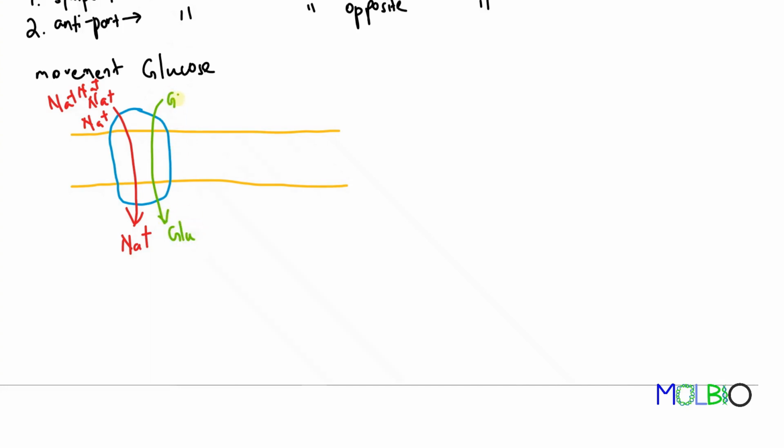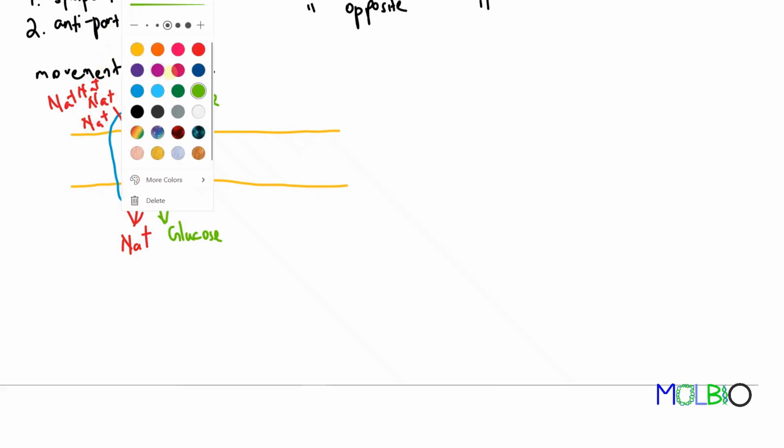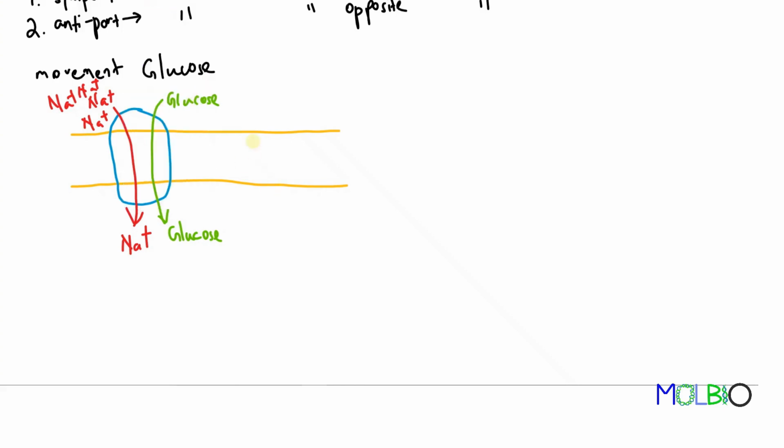getting transported in this symporter transport protein using the same energy generated from the transport of sodium across its concentration gradient. However, why is it secondary active transport? Where is the active coming from? Here we have a sodium potassium pump, and this one is actively sending sodium out of the cell to maintain this concentration gradient that glucose just used to enter the cell.